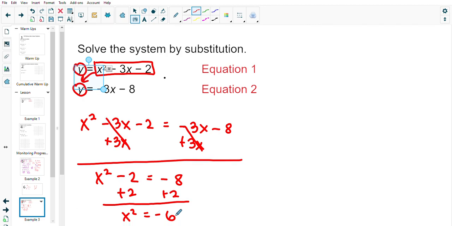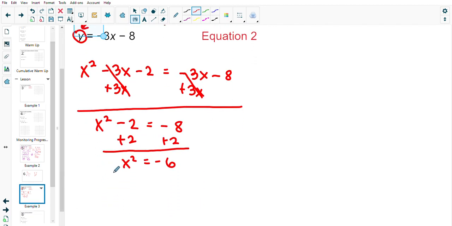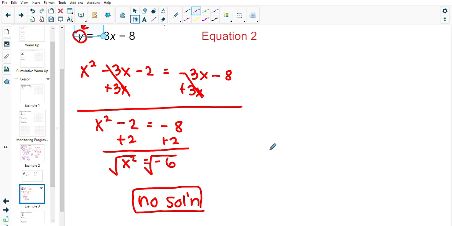To undo a power of 2, we would take the square root. But at this point, this is going to become an imaginary number, and we haven't learned about imaginary numbers yet. You actually don't need to know how to do imaginary numbers. If you end up with an imaginary number, where you're taking the square root of a negative number, then you end up with no solution. Which means if we were to graph these two functions, they would not intersect.